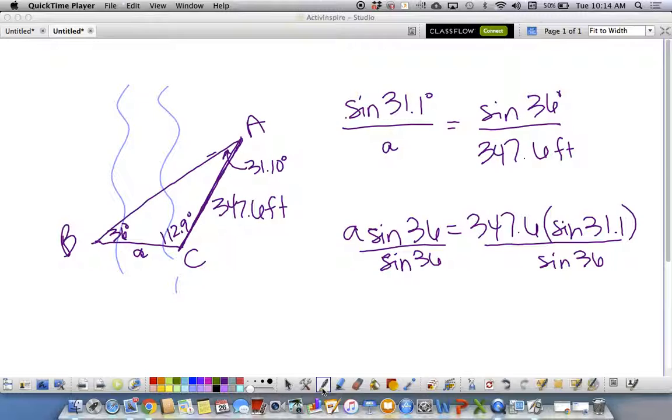And so you said yesterday that you can put links on top. Do it that way, but you just have to make sure every single word is like that. So is this the same thing if somebody was to put A over sine 31.1 equals 347.6 over sine 36? When you cross multiply, you're still cross multiplying A times sine 36 and 347.6 times sine 31.1. So when you cross multiply, they're the same.